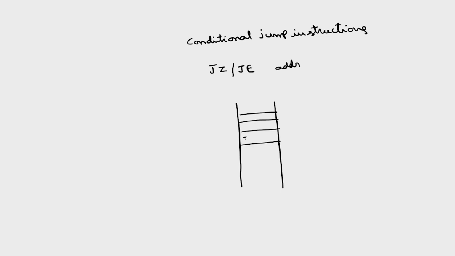If I write here jump zero, and I give say 5000 H, and the next instruction is at say 2000 H, and the code segment starts from say 1000 H.